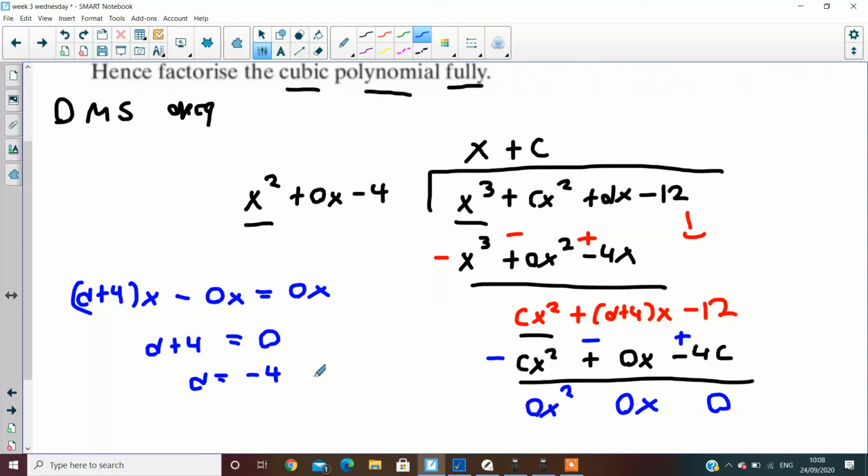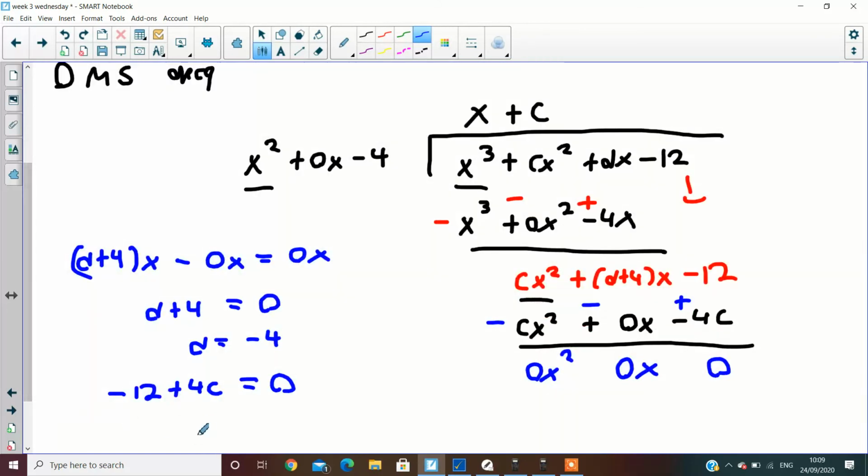Right. What about the next one then? 12 minus 12 plus what? 4c equals what? What does it equal? 0. What's that mean about 4c? It's 12. Now what does that mean about c? C equals 3.